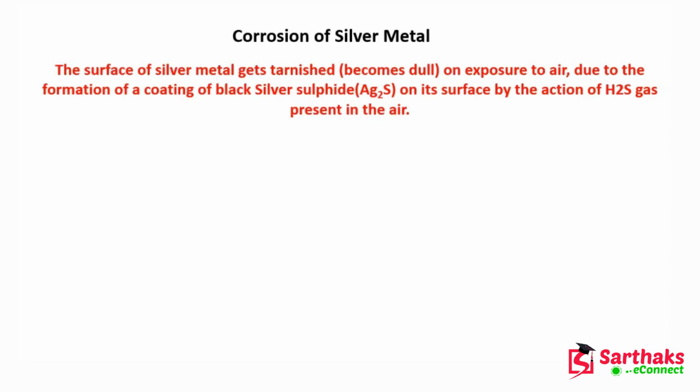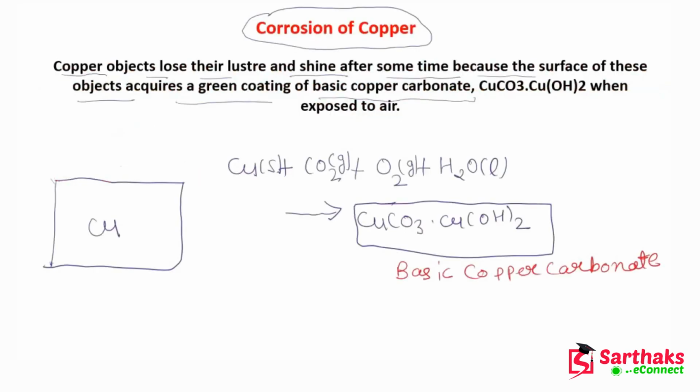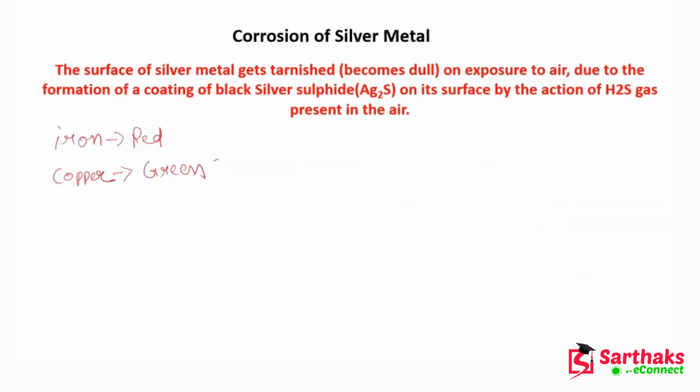Okay guys, so here we are. Here we will talk about the corrosion of silver metal. Okay, we have seen the corrosion of iron and the corrosion of copper. Due to the corrosion of iron, a red substance is formed which is called rust, and in the case of copper there is a green coating formed over the copper.